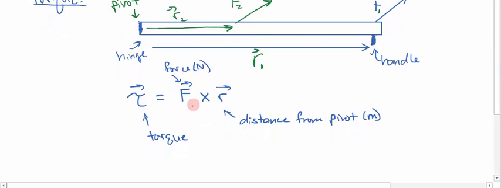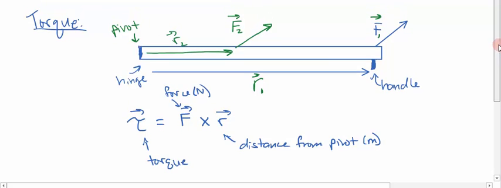All right, so we have that, and you would think it would be so nice if all we had to do is multiply the magnitude of the force times the magnitude of the distance from the pivot. Unfortunately, it doesn't work that way, because you can imagine that if we apply a force to this door like this, even though we're applying a force, even though it's far away from the pivot, it would have no effect whatsoever on the rotation of the object.